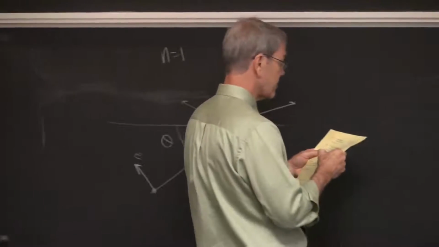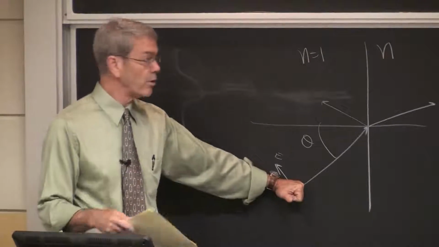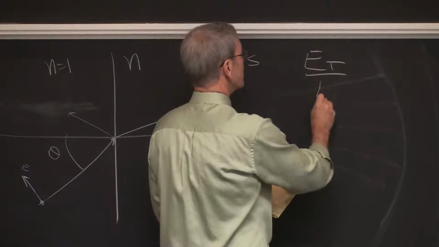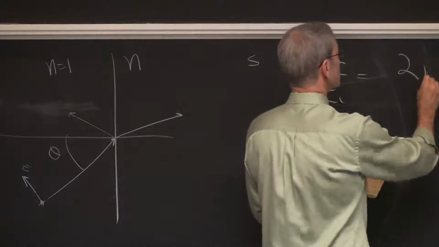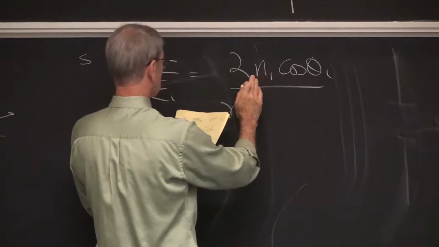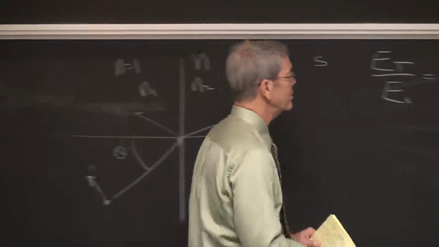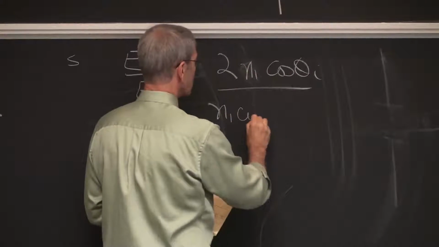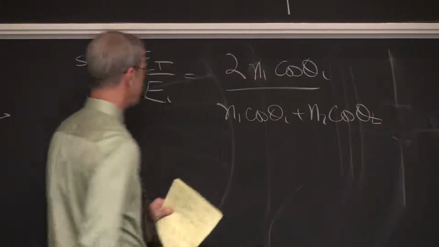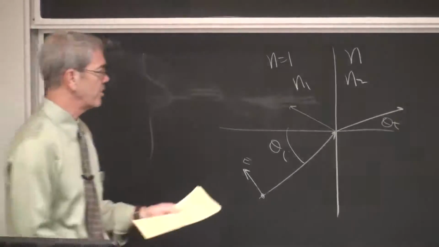But what you'll find is that if we are polarized like this, out of the board, that's called S polarization, the transmitted field over the incident field looks like this: 2 n1 over n1 cosine theta incident plus n2 cosine theta transmitted. So here's theta incident, here's theta transmitted. So you get this fairly nice thing.